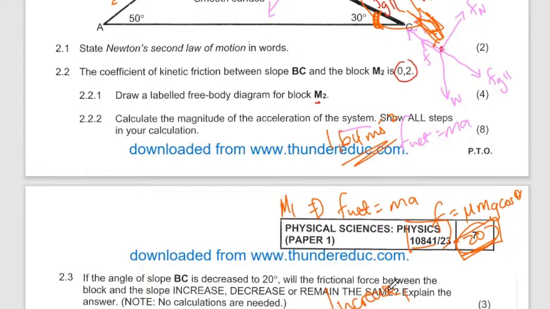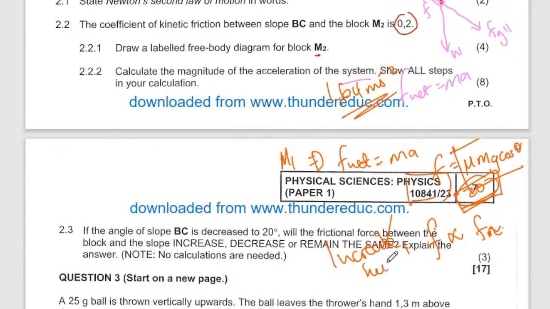The explanation: frictional force is directly proportional to the normal force. If the inclination is small, the normal force is going to be big. Hence, the frictional force increases. Okay guys, that's question number 2.